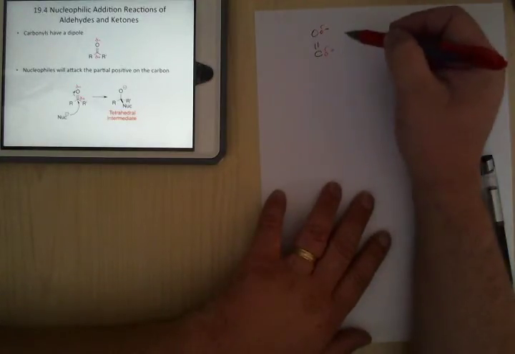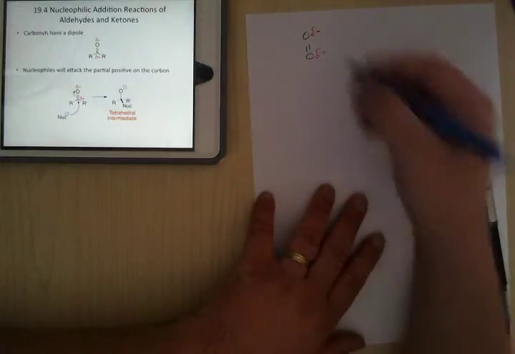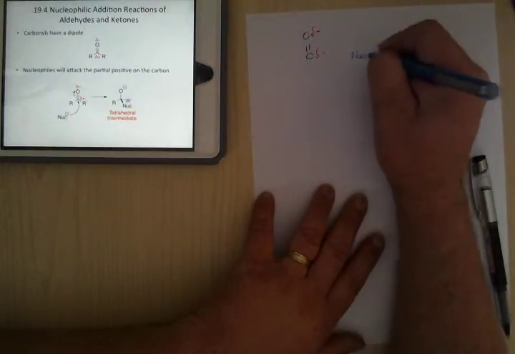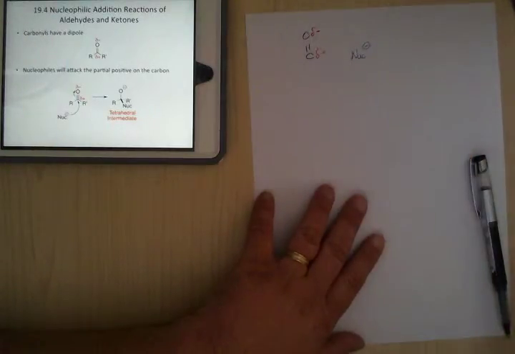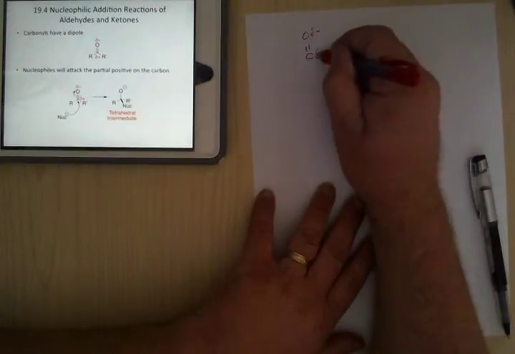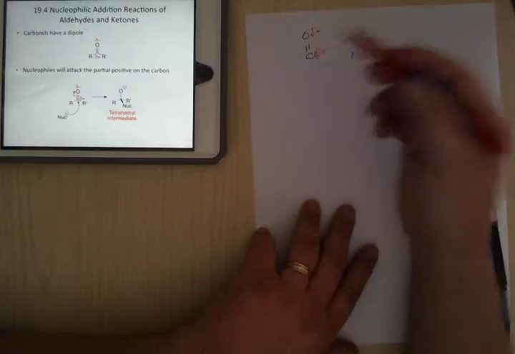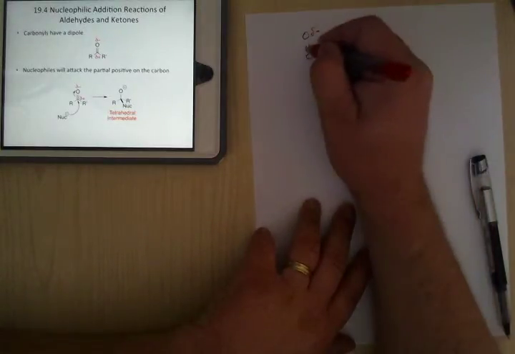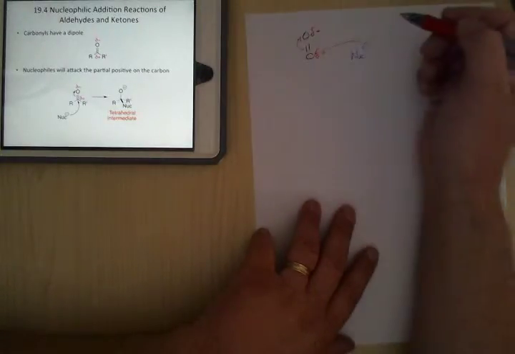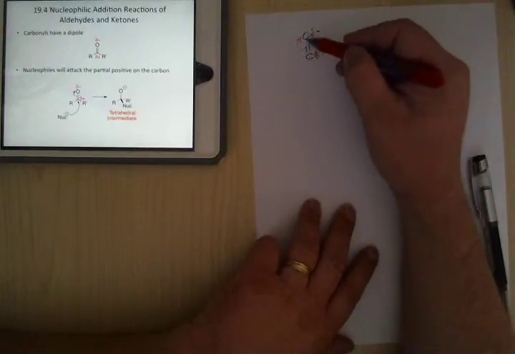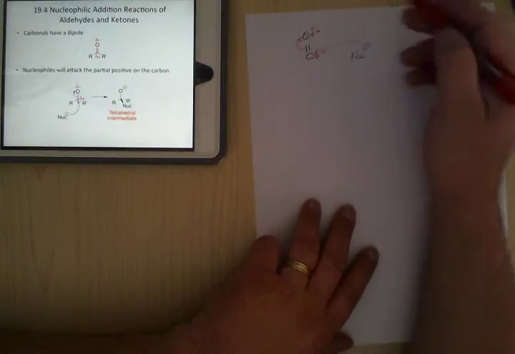If you have any sort of nucleophile around, this guy's going to attack that carbon, and since we're making a new bond, it's going to have to force this guy up here.